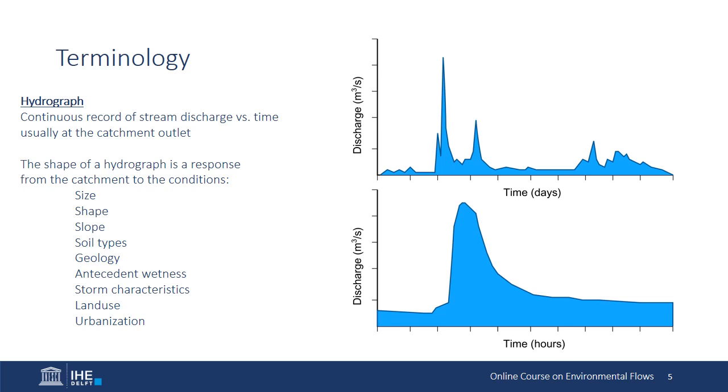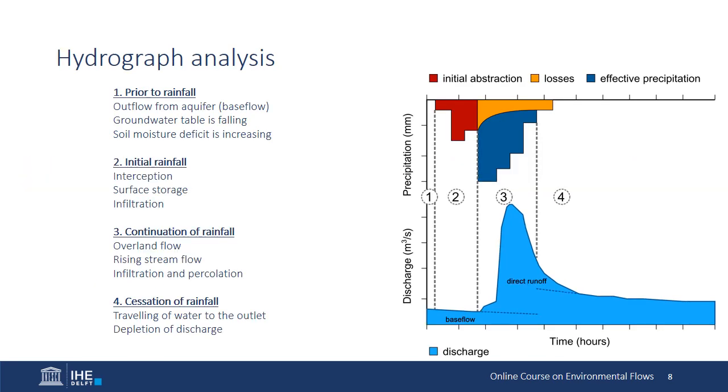Storm characteristics are rainfall intensity and rainfall amount, rainfall duration, but also land use and vegetation as well as degree of urbanization are influencing the behavior of that hydrograph as a response to rainfall.